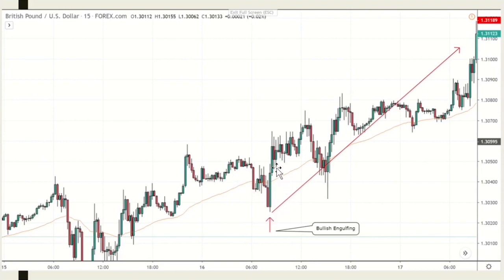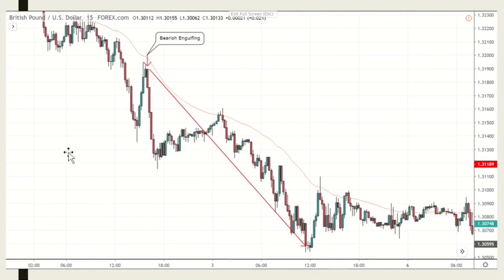And then you just get this huge bullish engulfing candle which swallows up everything this bearish candle had, even the wick, and then price just moves up from there and keeps going up. And that's the power of a bullish engulfing candle. In terms of double candle patterns, this is probably the strongest one.